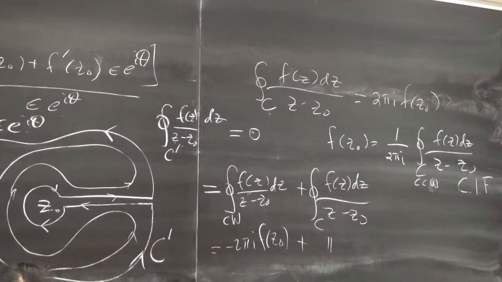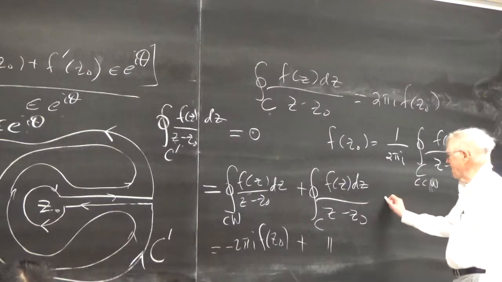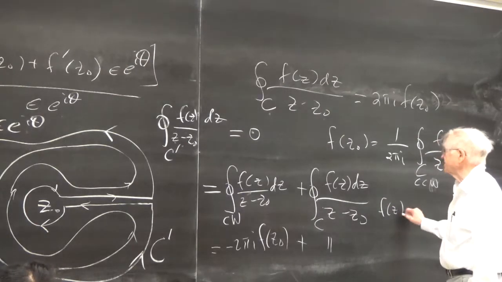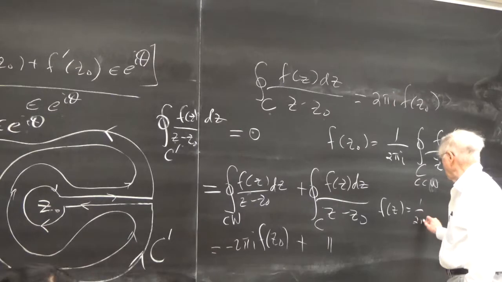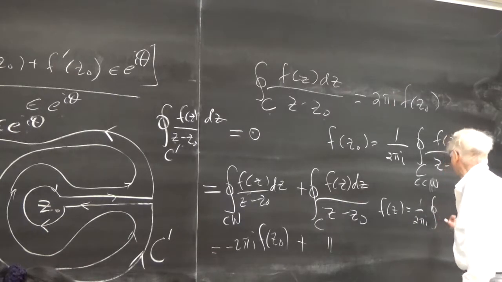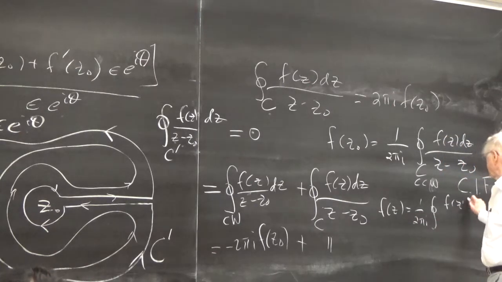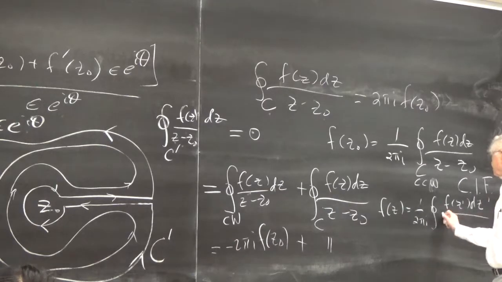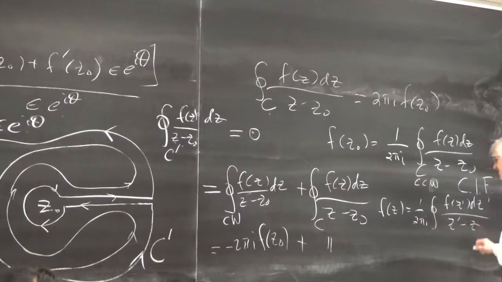So just to show you how many things we can do with it, let's write it slightly differently. Let's write f of z as 1 over 2 pi I times the integral of f of z prime dz prime over z prime minus z. That'll be a little bit more convenient. Now let's compute the derivative of f of z.